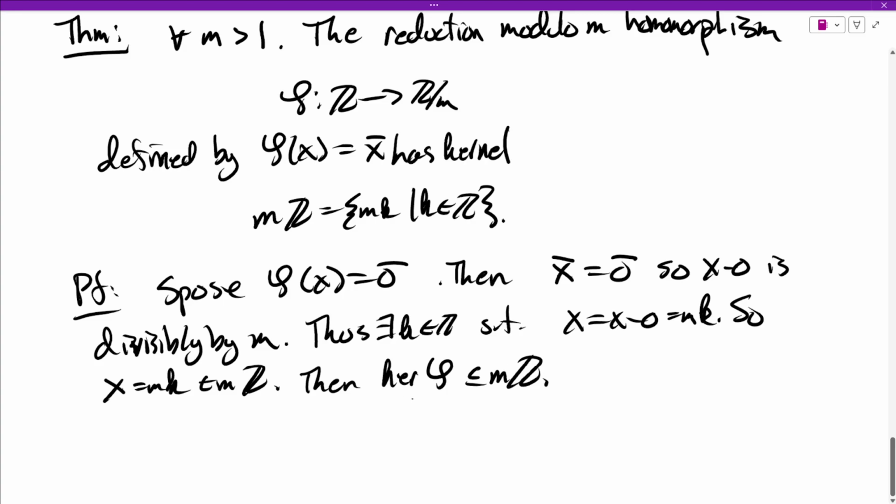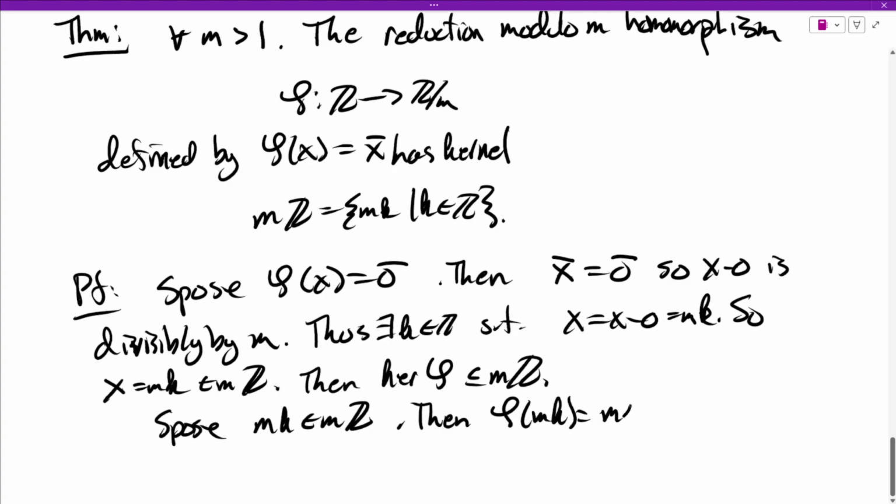And now we have to do the other direction. Suppose we take mk in mZ; we have to show that it's in the kernel. Then phi of mk is reduced modulo m, but that's m bar times k bar, but m is 0, and anything times 0 is 0.